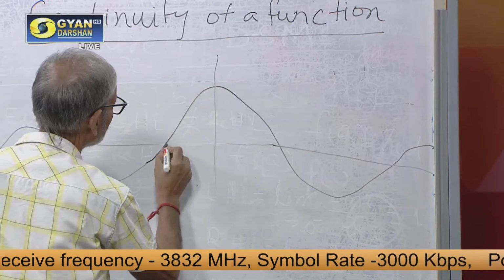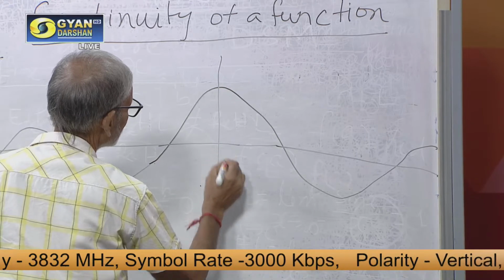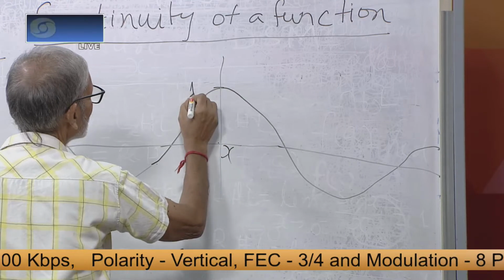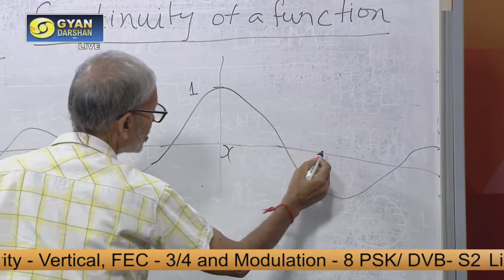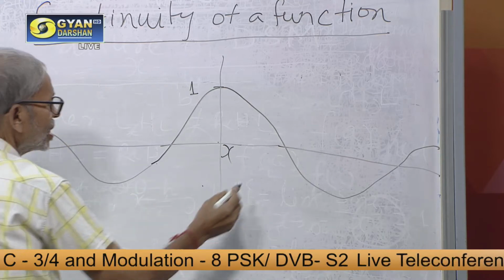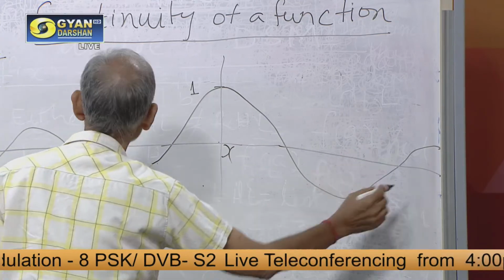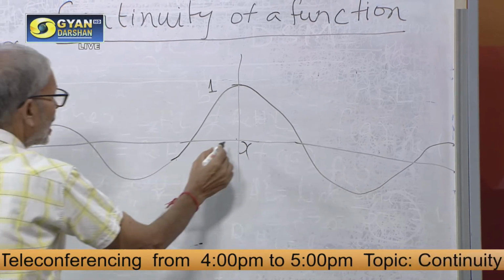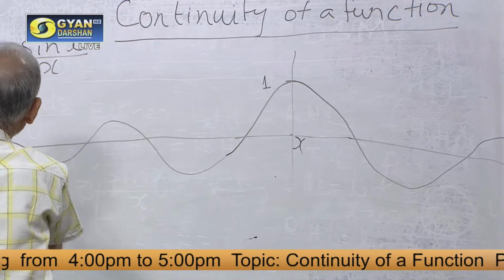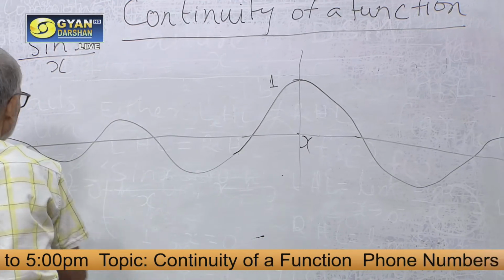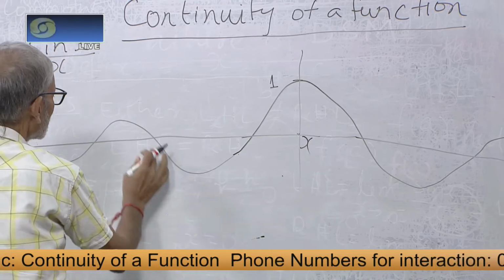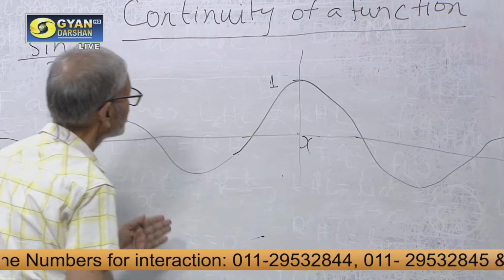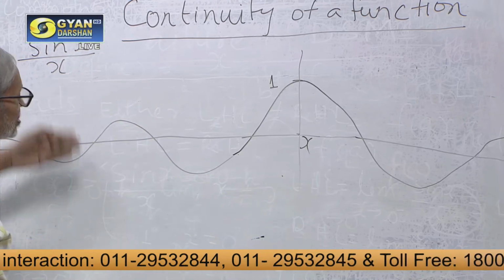You see, it will be maximum at 0, its value will be 1. As it is going farther and farther from x, the peak is decreasing, but the shape of the function will remain the same, and as it is going to minus infinity on this side, again its shape is decreasing. So, this is the graph of this function.